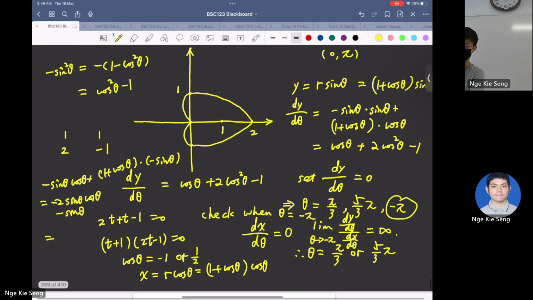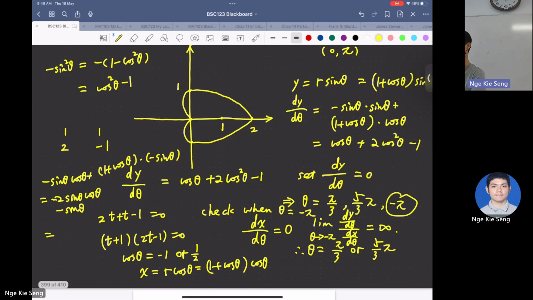So what we need to do is to find the expression of dy d theta, and when you got this equation, we just set it to 0, and we can get the answer.